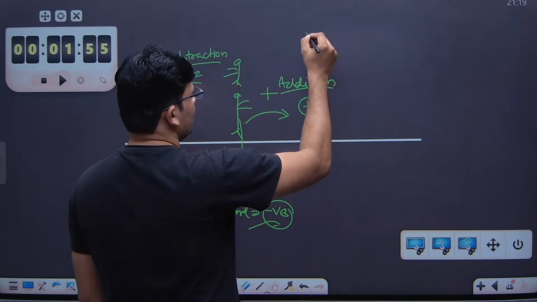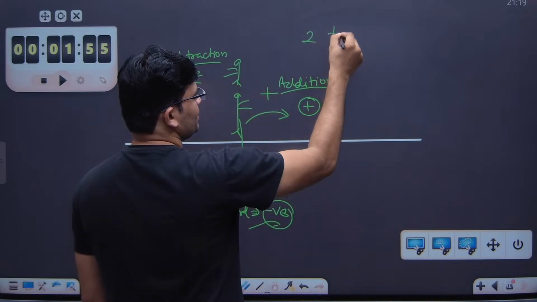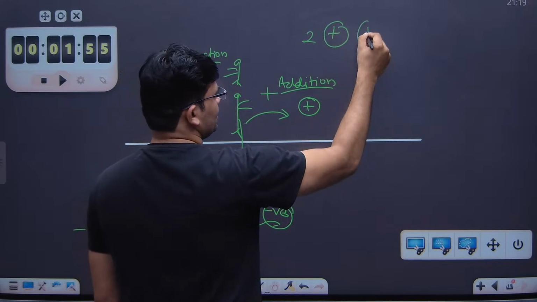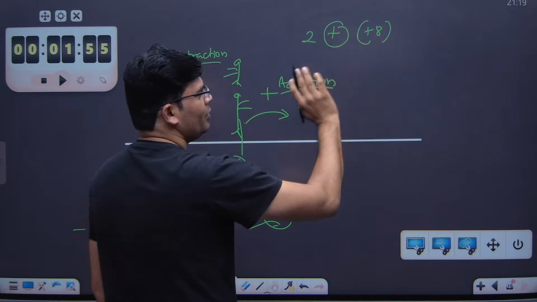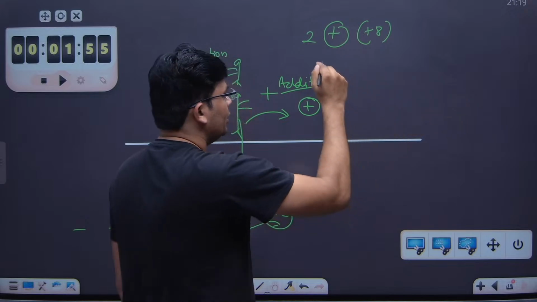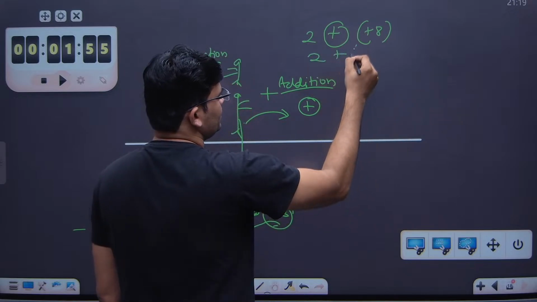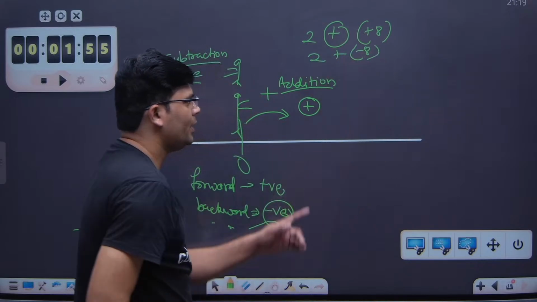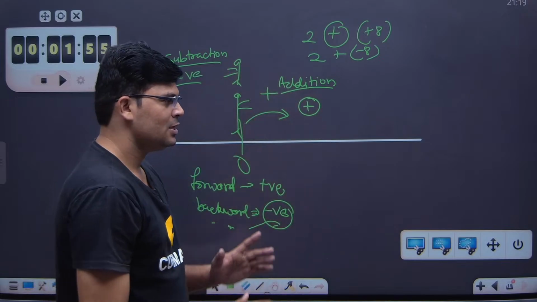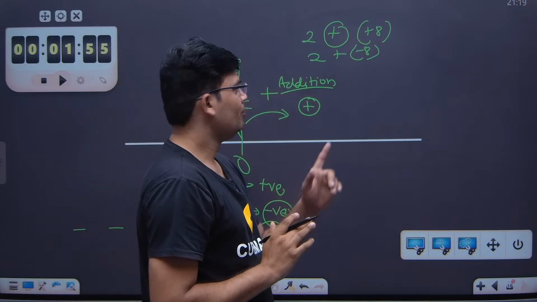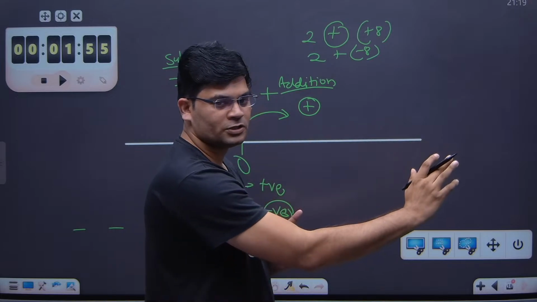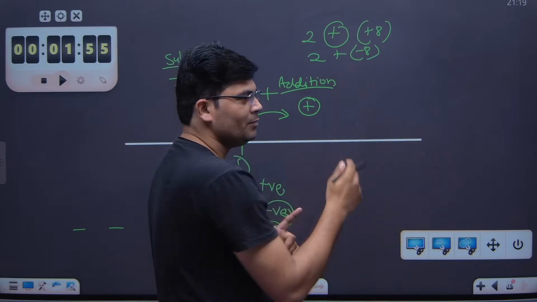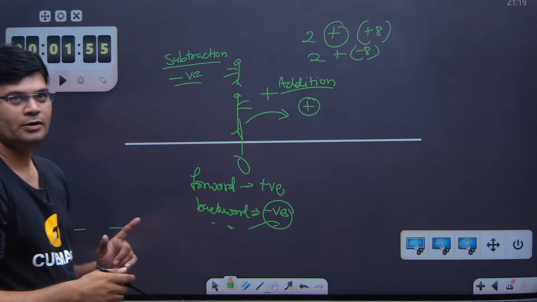So it is like 2 plus 8, where the plus is addition and the 8 means moving forward. If I say 2 plus minus 8, what does this mean? Plus means facing towards positive, but negative 8 means I am moving backward.